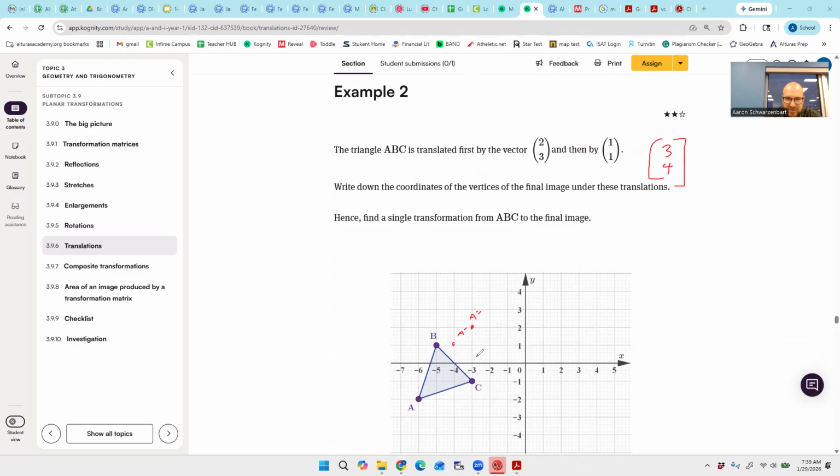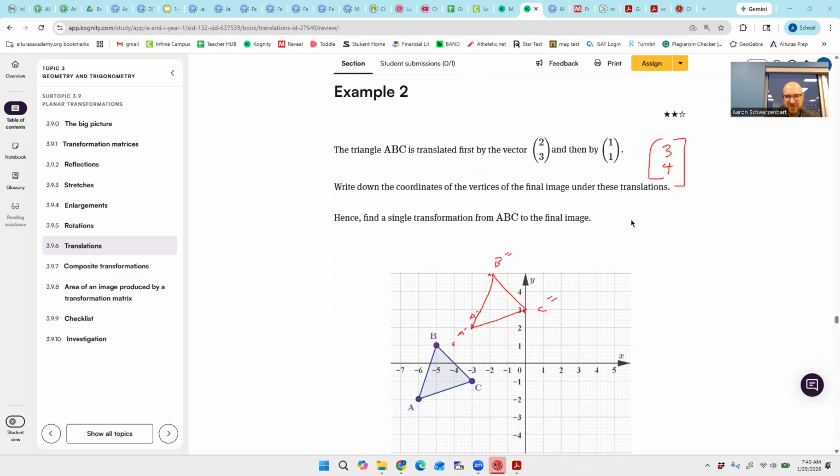1 over 3 up 4. Over 3 up 4. C prime, or C double prime. Over 3 up 4. B double prime. And we get our translated triangle. Same shape, different location.